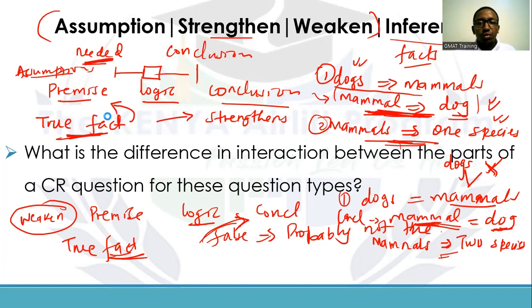So to prevent that, you can be referring back to the question. Am I weakening? Am I strengthening? Just keep it fresh in your mind that this question is a strengthening question so that you do not confuse and end up choosing an answer that is weakening the argument.